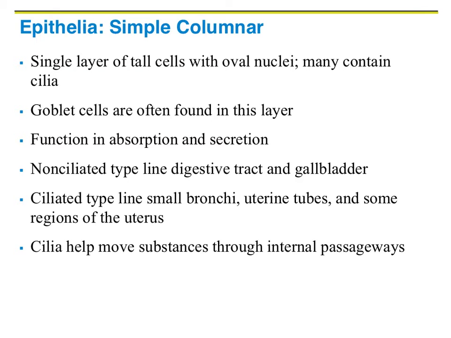Functions of simple columnar epithelia include absorption and secretion. The non-ciliated type are found in the digestive tract lining and the gallbladder. The ciliated type are found in the small bronchi, uterine tubes, and some regions of the uterus.